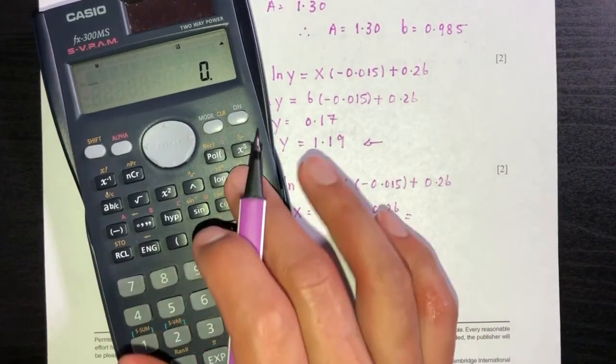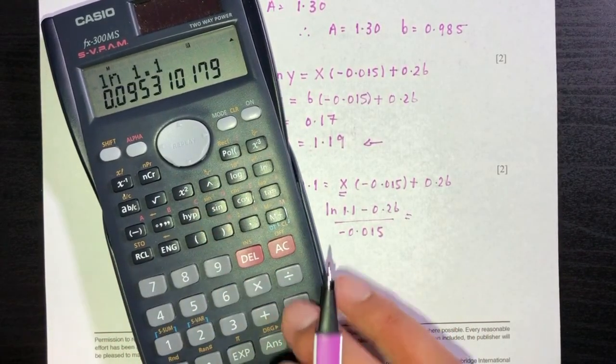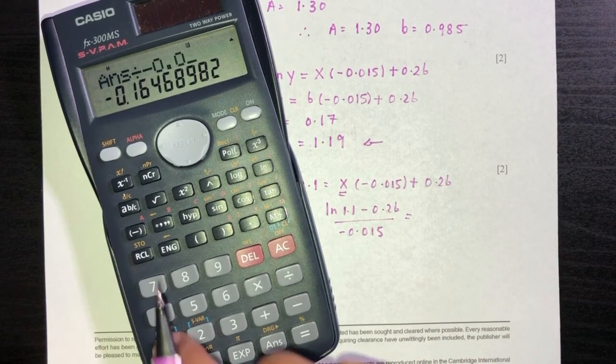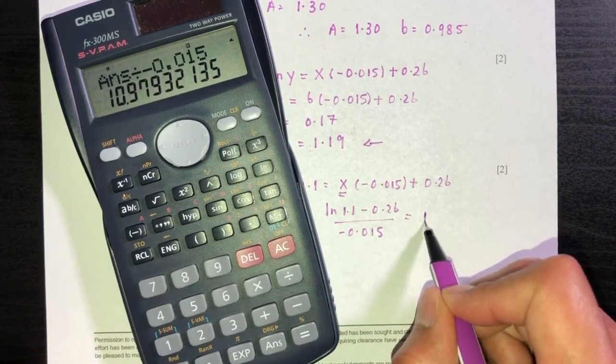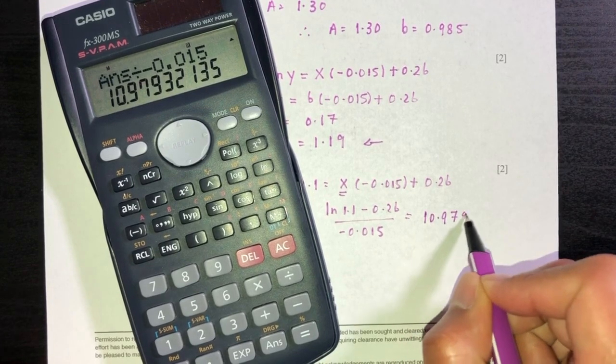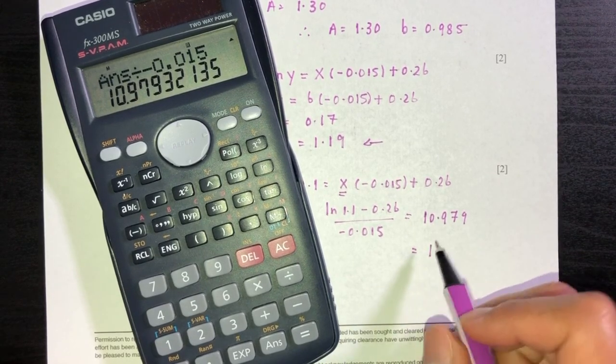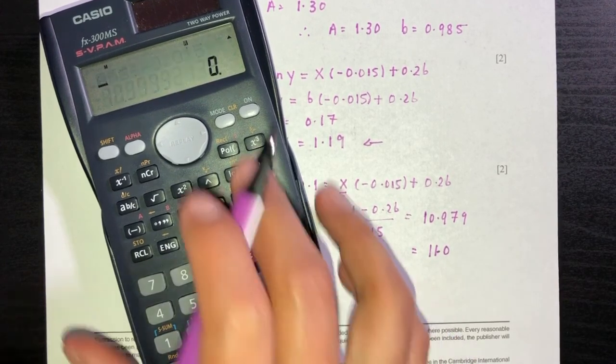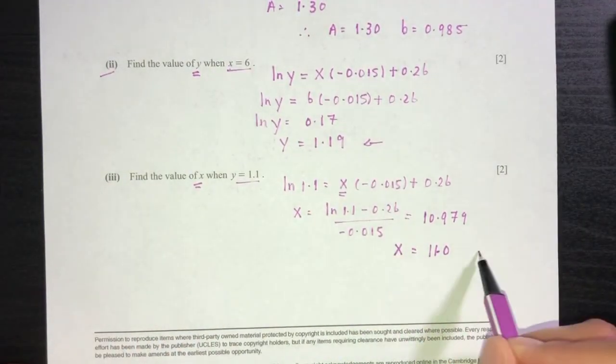So ln 1.1 minus 0.26 divided by minus 0.015. That should be 10.979, which is 11.0, correct to 3SF. That is your value of x.